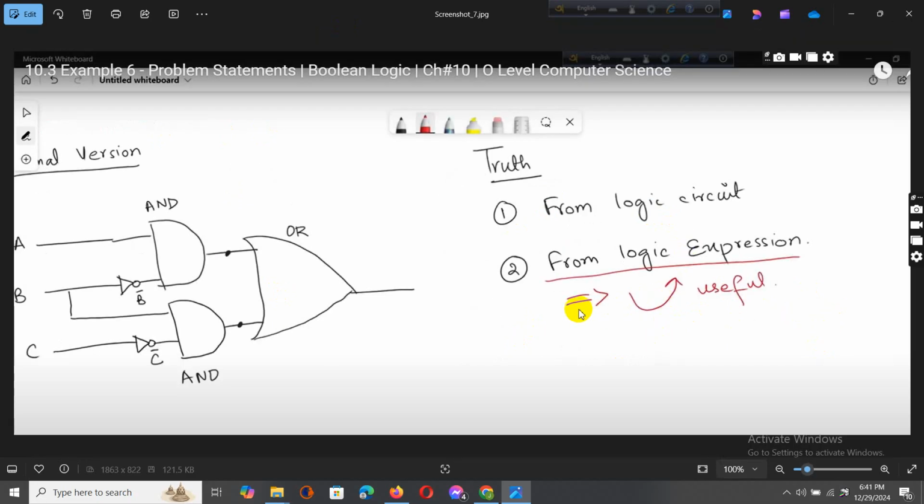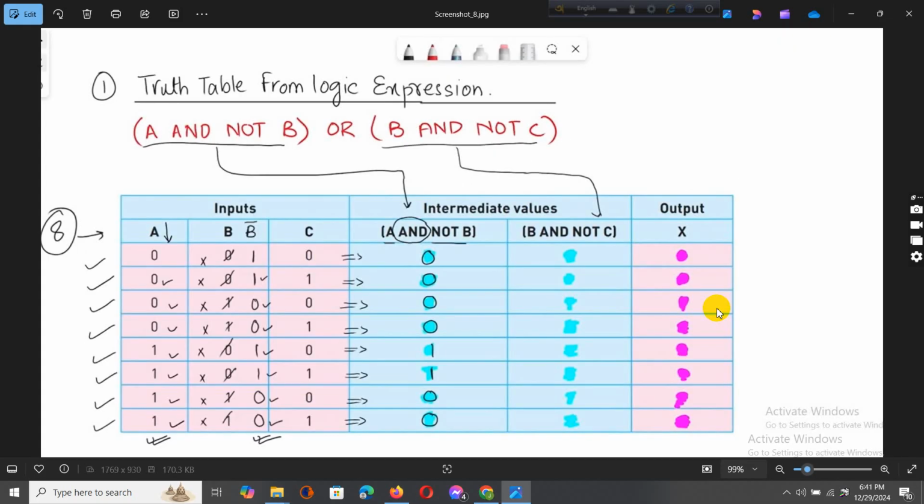You can produce your truth table from the logic expression. It is useful to produce the truth table from the logic expression. So this is our truth table and this is our logic expression. We have 3 inputs, so 2 to the power 3 equals 8. We have 8 input combinations here. We have two logic expressions, which are intermediate values.